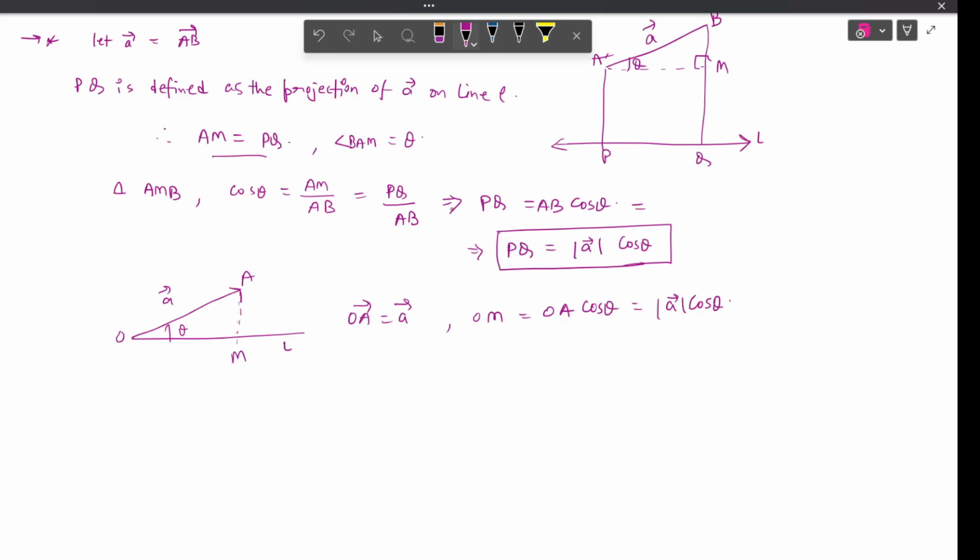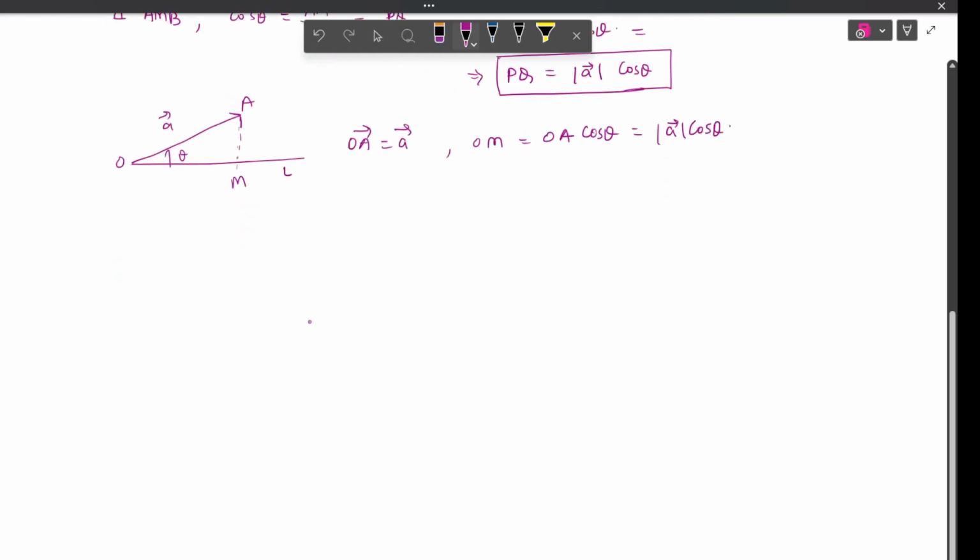So by dot multiplication, or dot product, or scalar product, we can find the projection of a vector on another vector or another line. This is the geometrical interpretation of scalar product.